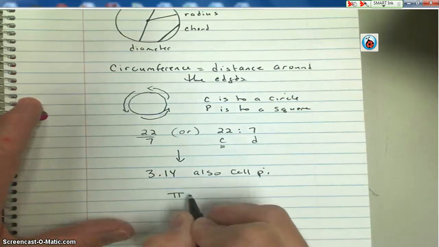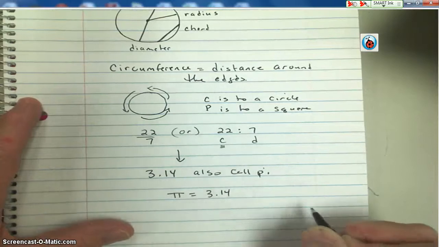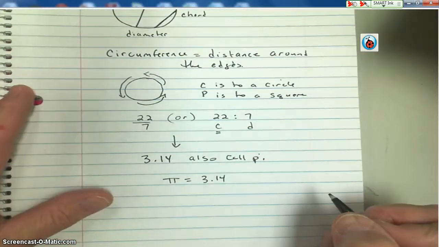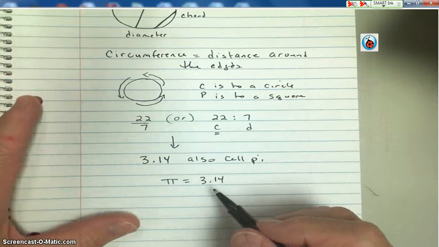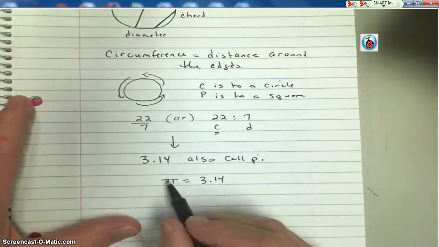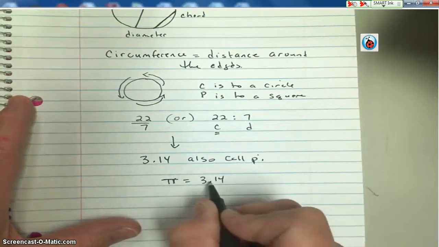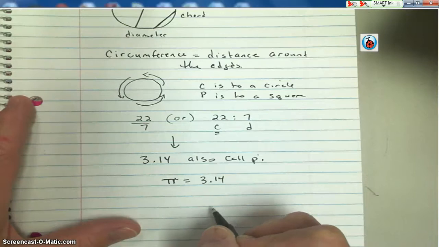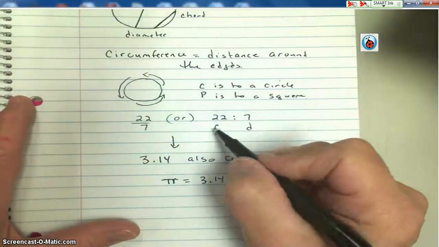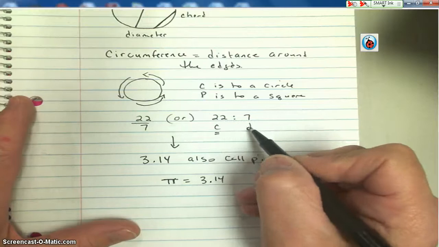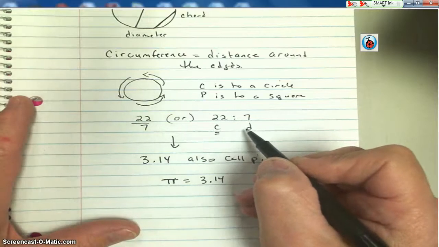The letter pi is equal to 3.14, and a Greek mathematician came up with this calculation. So that's why there's the symbol for pi, and the decimal number is 3.14. But again, basically it represents the same amount as the ratio of 22 to 7 for a circle.